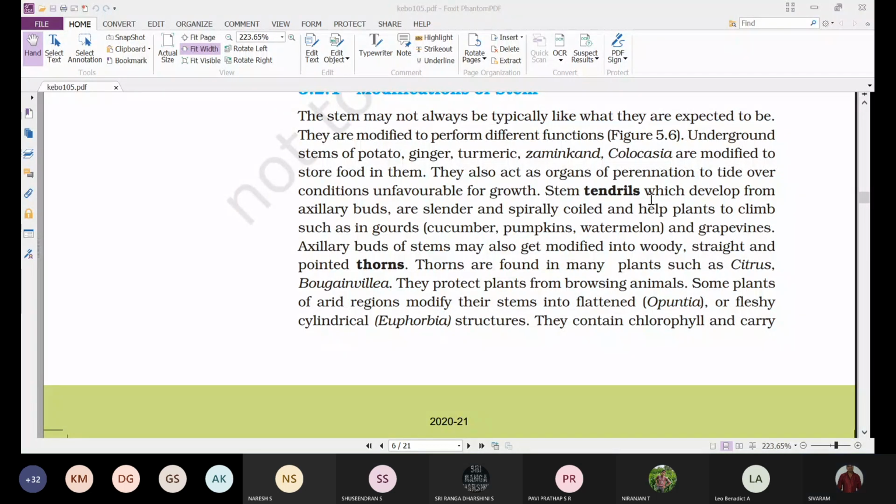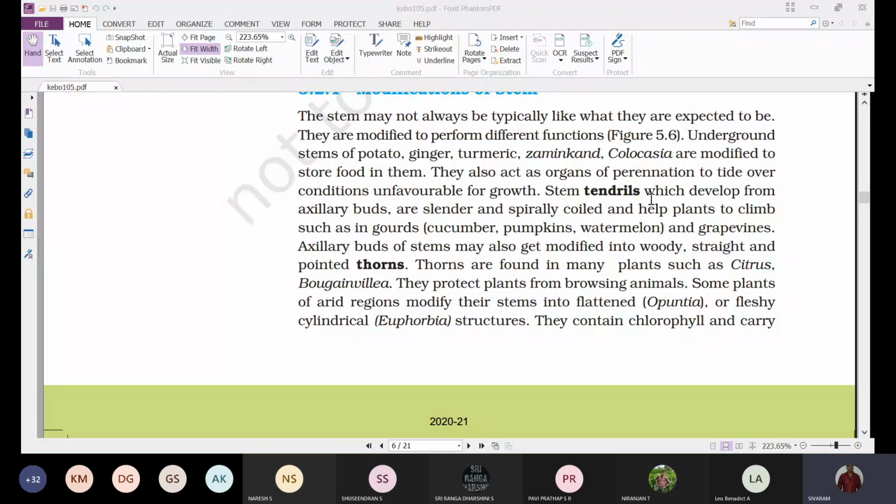But after a certain period of time, when the conditions are favorable, by using the underground stem, it can survive for a longer period because it has a large amount of reserve storage of food material. So it will survive, and when the conditions are favorable for the growth of these plants, by using these underground stems, they can develop into a new plant.